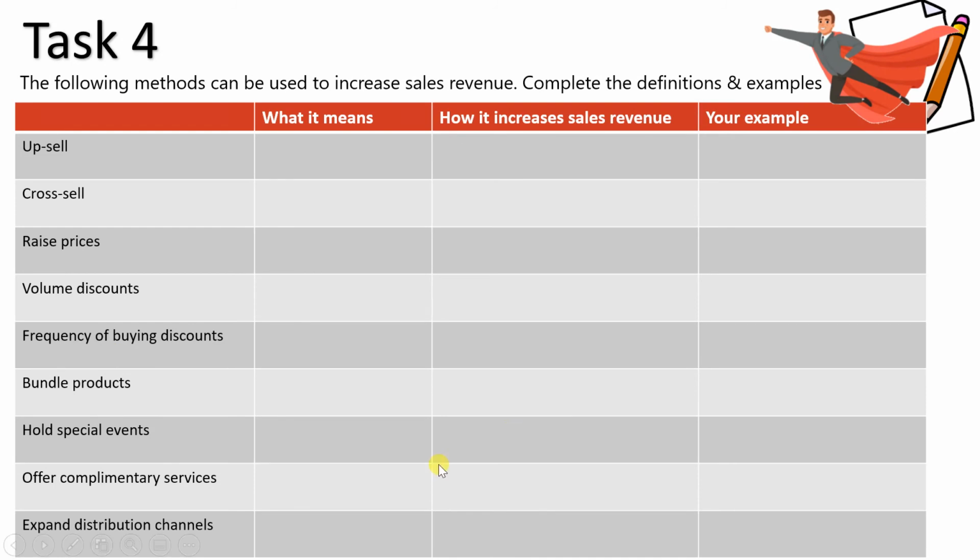Bundling products together, holding special events, offering complementary services, something where you potentially can go try it out, or go shopping, but you can sit down and have a coffee, things like that. Expanding your distribution channels. All these things for you to write what it means, how it impacts on sales revenue, and an example.